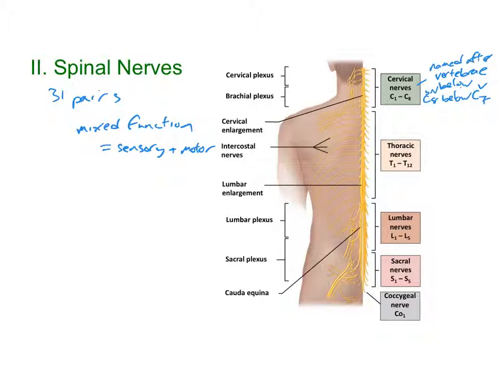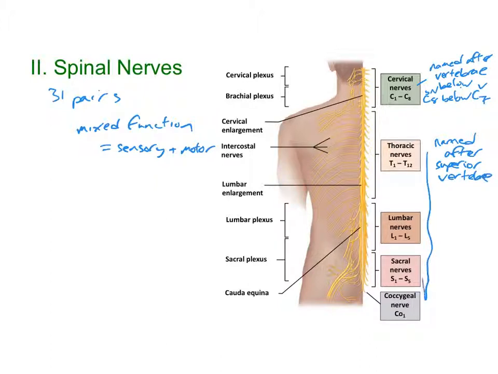And then the rest of the way down, the spinal nerve is named after the vertebrae above it. So named after superior vertebrae.